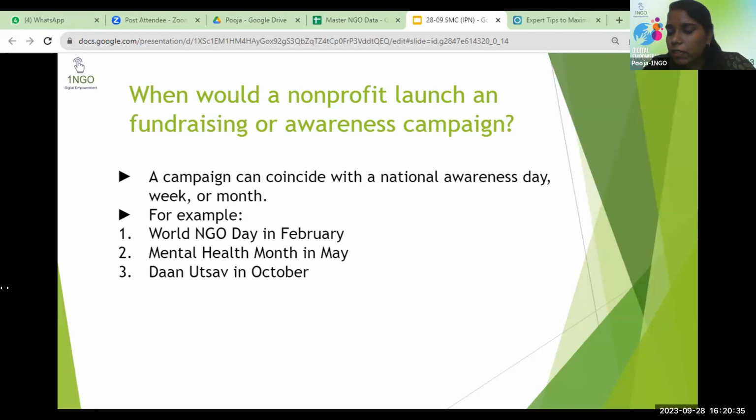You can raise awareness by visiting schools and universities, and also host celebratory events for raising funds and awareness. When you visit the schools and universities, you can click a picture, post it on social media and use the hashtag World NGO Day. This is one thing you can do on that specific day.